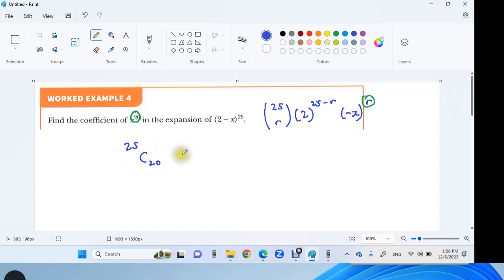So we have 25C20, and 2 to the power of 25 minus 20, negative to the power of 20. Okay, so negative 1 to the power of 20 is 1. So the negative sign here we can ignore.